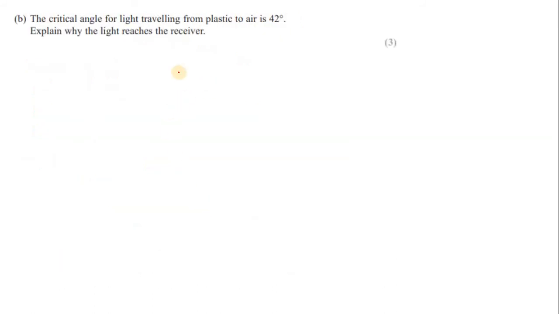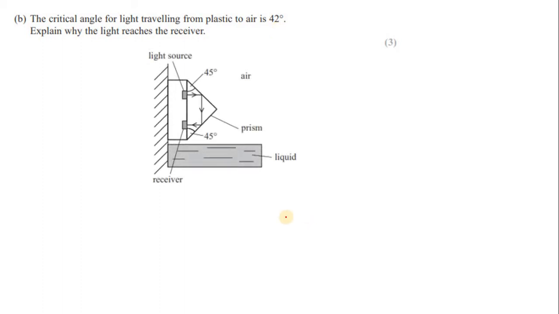Part B, the critical angle for light traveling from plastic to air is 42 degrees. Explain why the light reaches the receiver. Clearly, if you see the diagram, this angle is 45.